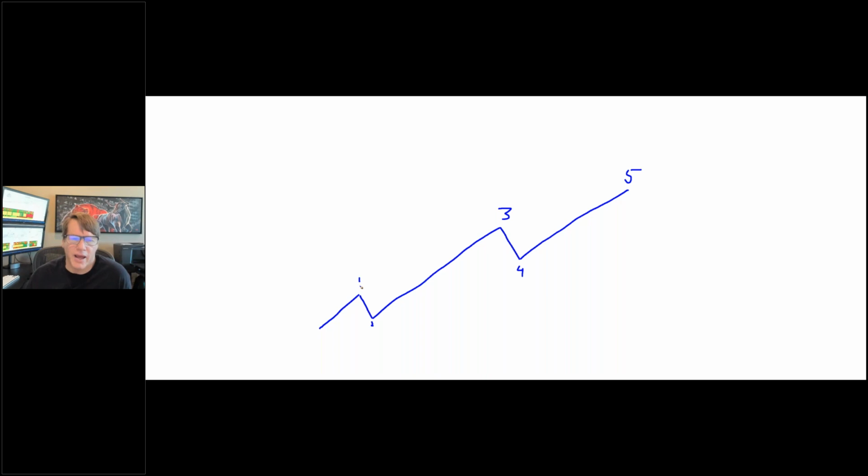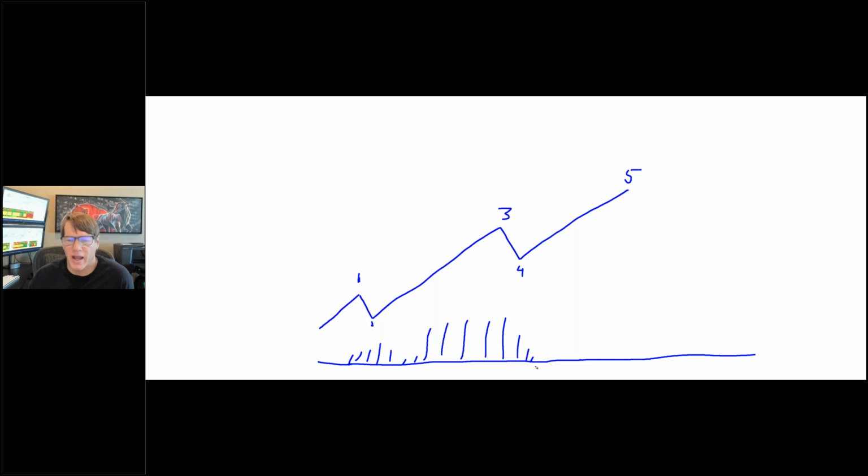So how do we measure all this power? Well, we have something called the owl at the bottom. The owl is an oscillator that we use to measure momentum. It's a histogram, and the momentum is always highest on wave 3. Then you have wave 4, which has to have a negative owl.